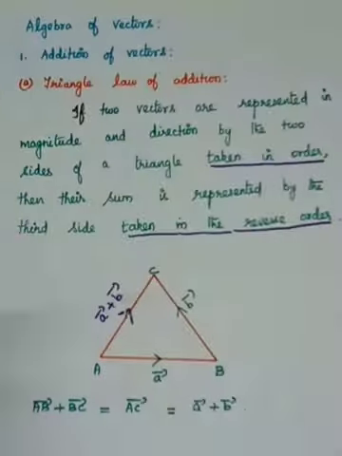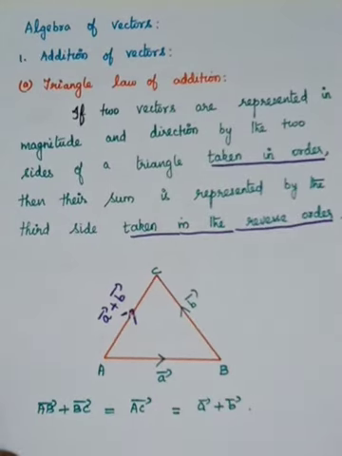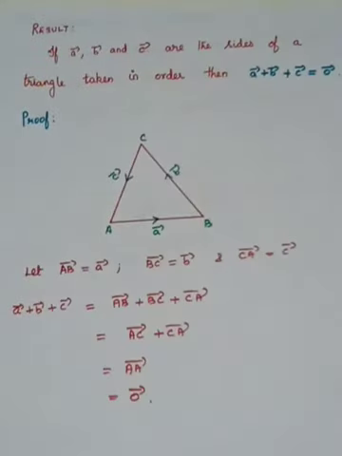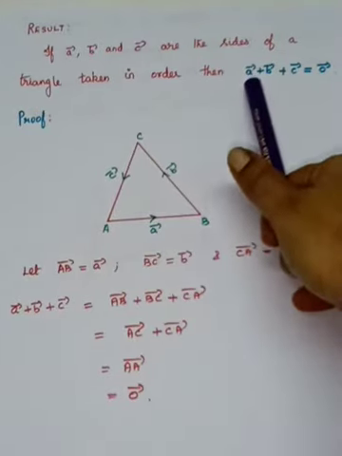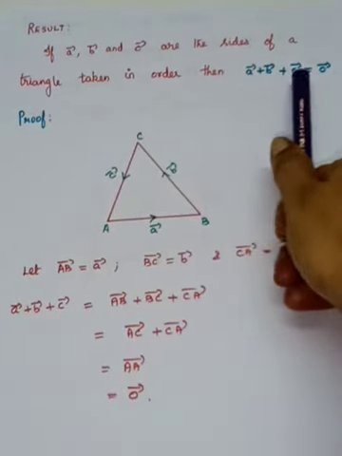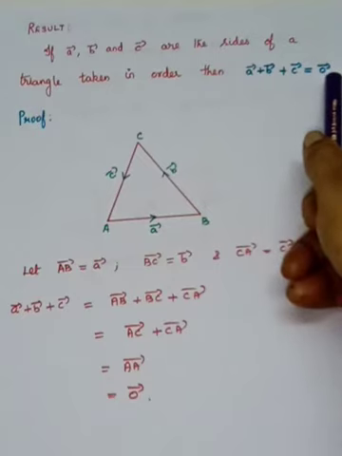Now, using this triangle law of addition of vectors, we can prove one result: if A vector, B vector and C vector are the sides of a triangle taken in order, three vectors taken in the same order, then A vector plus B vector plus C vector is equal to 0 vector.